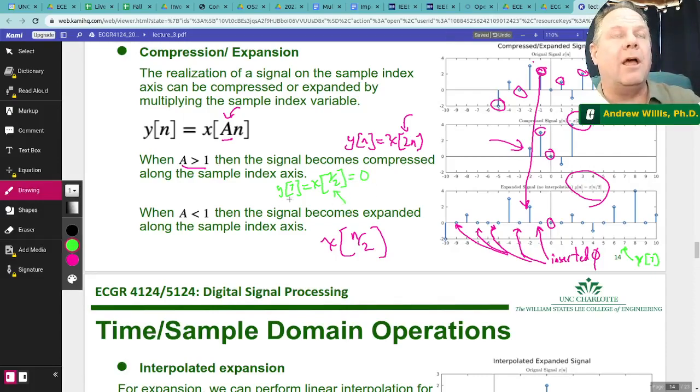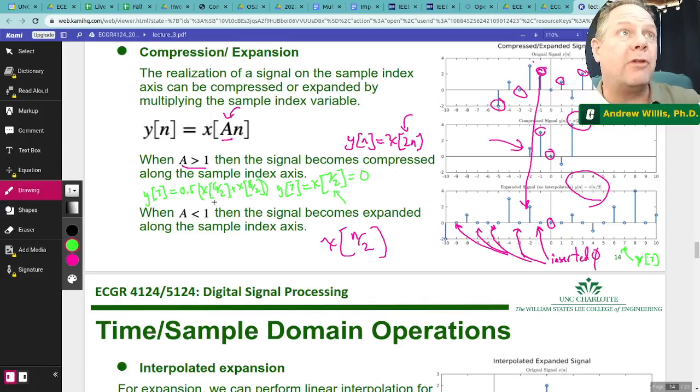But when you are interpolating, what you do is you say that y of 7 is in fact equal to the arithmetic average of its closest neighbors. So in this case it would be 1/2 of x of 6 over 2 plus x of 8 over 2.